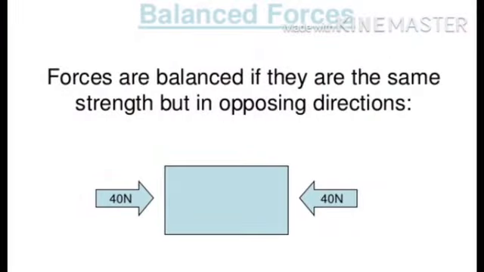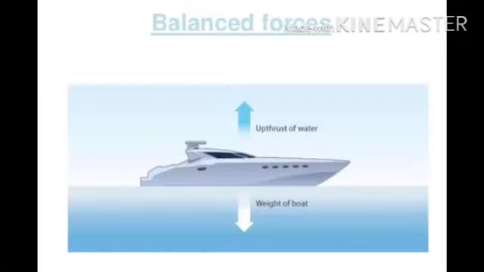Now let us discuss some examples of balanced force also. Forces are balanced if they are the same strength but in opposite directions. See, for the boat, this is a balanced force. Upthrust of water and weight of boat. Weight is due to gravity.